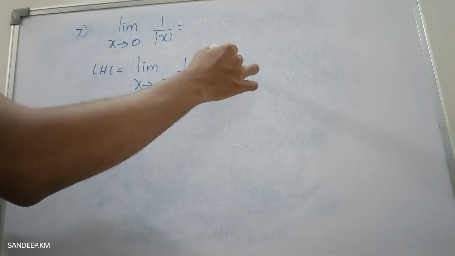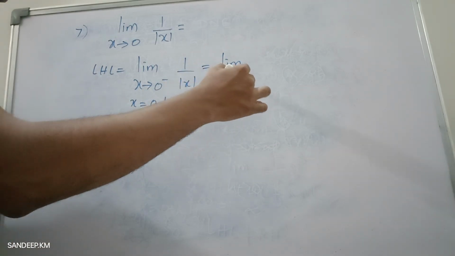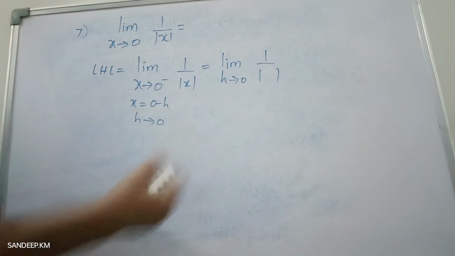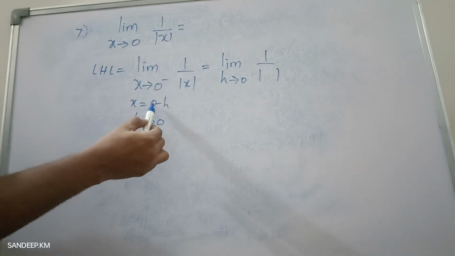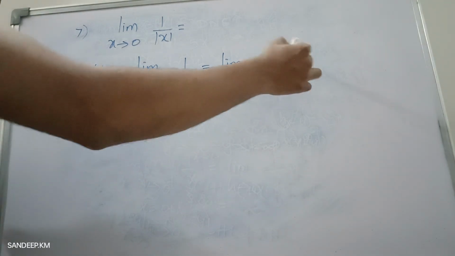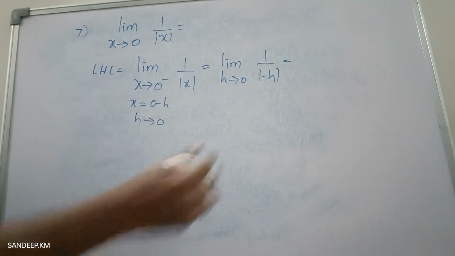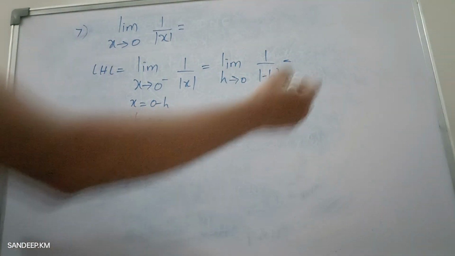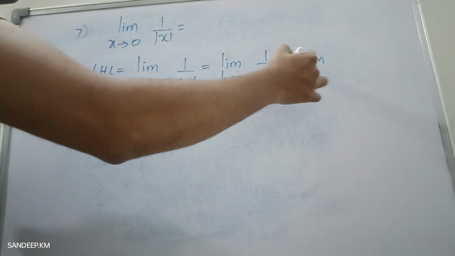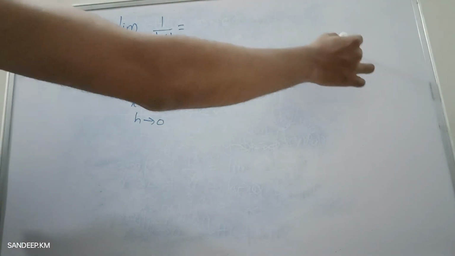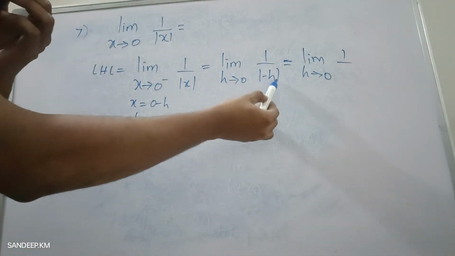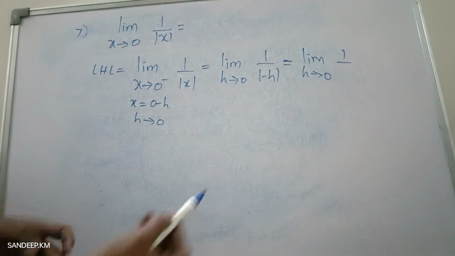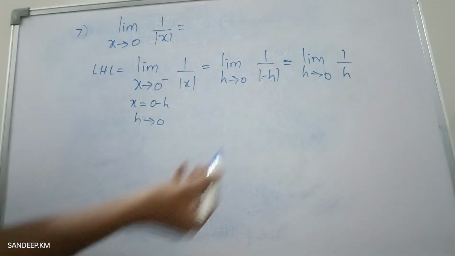So in the next step, I'll write limit h approaches 0, 1 divided by modulus of, instead of x, we will write minus h. And dear students, h is a positive number, so minus h is a negative number. So which is equal to limit h approaches 0, 1 by modulus of a negative number, which is a positive number only. So modulus of minus h is plus h.